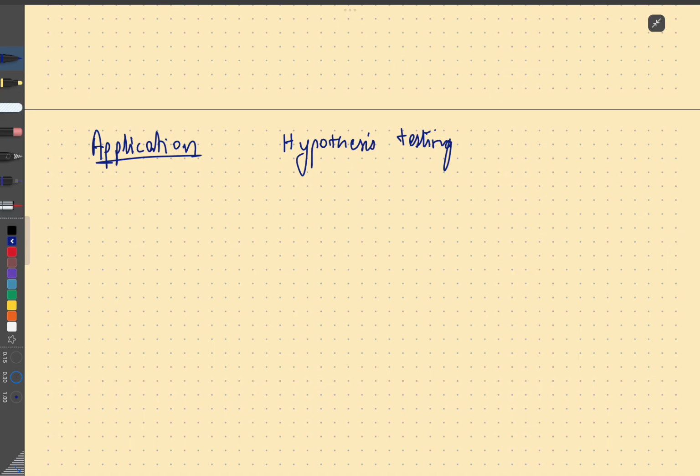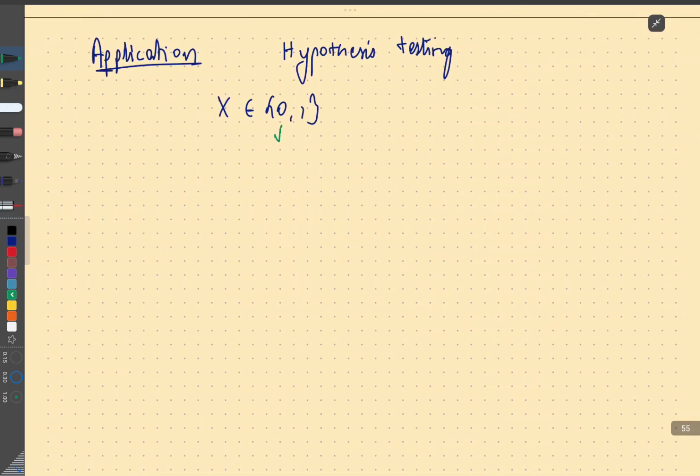Okay, so there are two cases. Let's say x is 0 or 1, maybe 0 corresponds to the fair coin and 1 corresponds to the biased coin. These two are called the hypotheses.